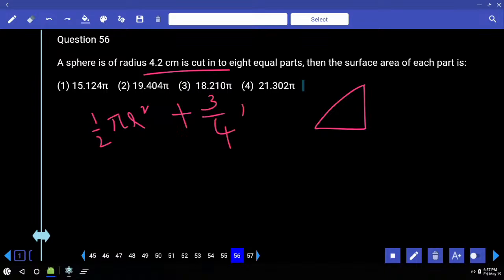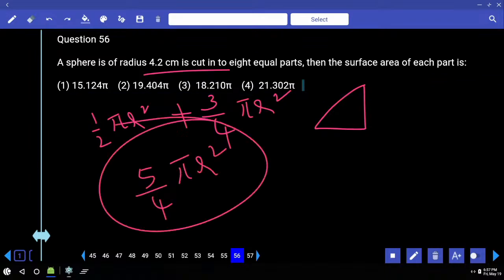Therefore 3/4 of πr² will give 5/4 of πr². Please remember this formula. If a sphere is cut into 8 equal parts, the total surface area of each part will be 5/4 into πr².